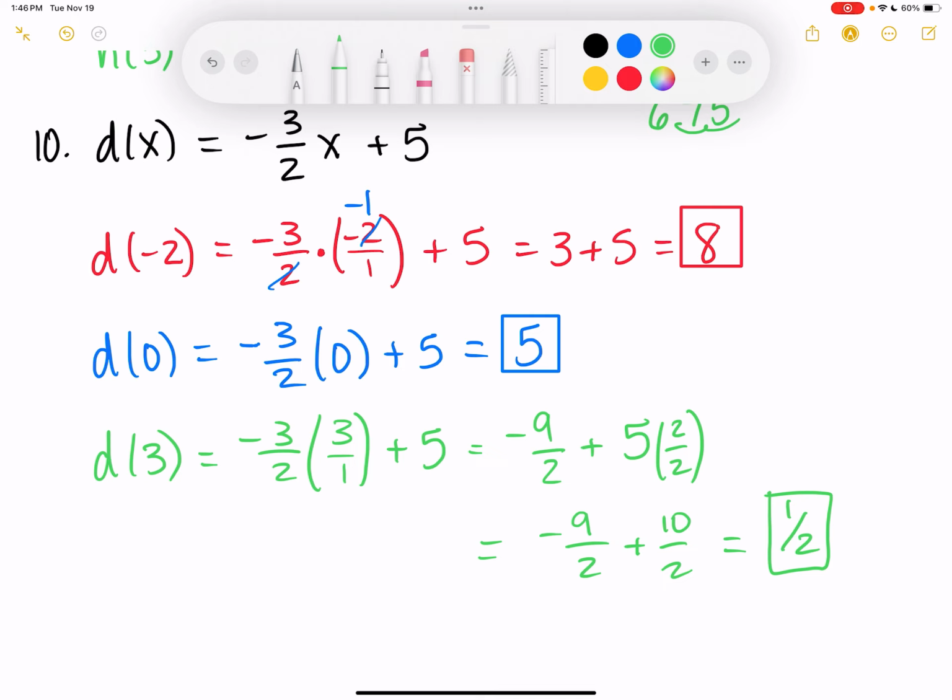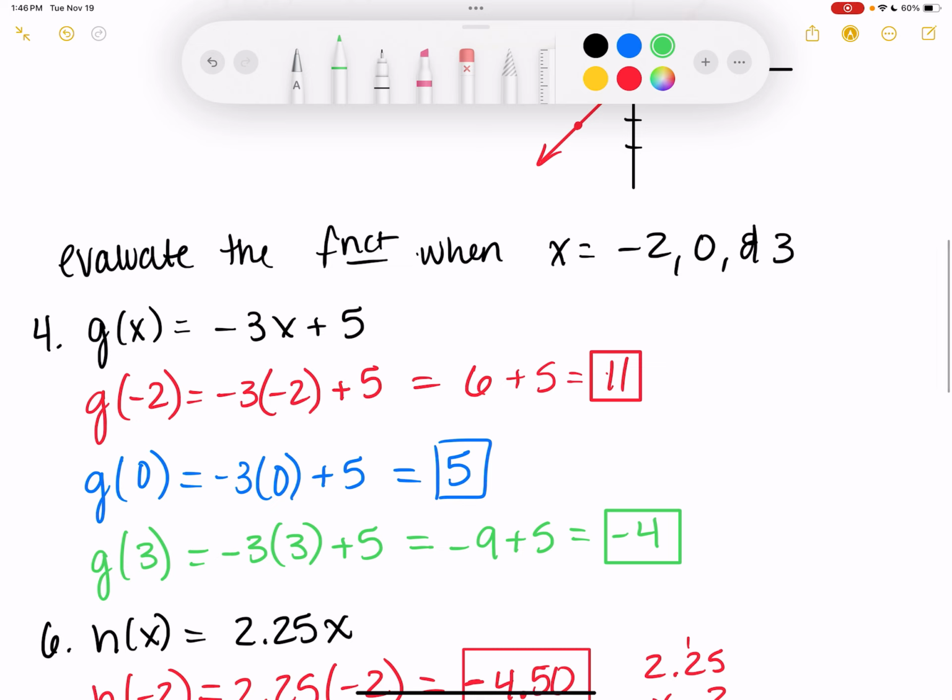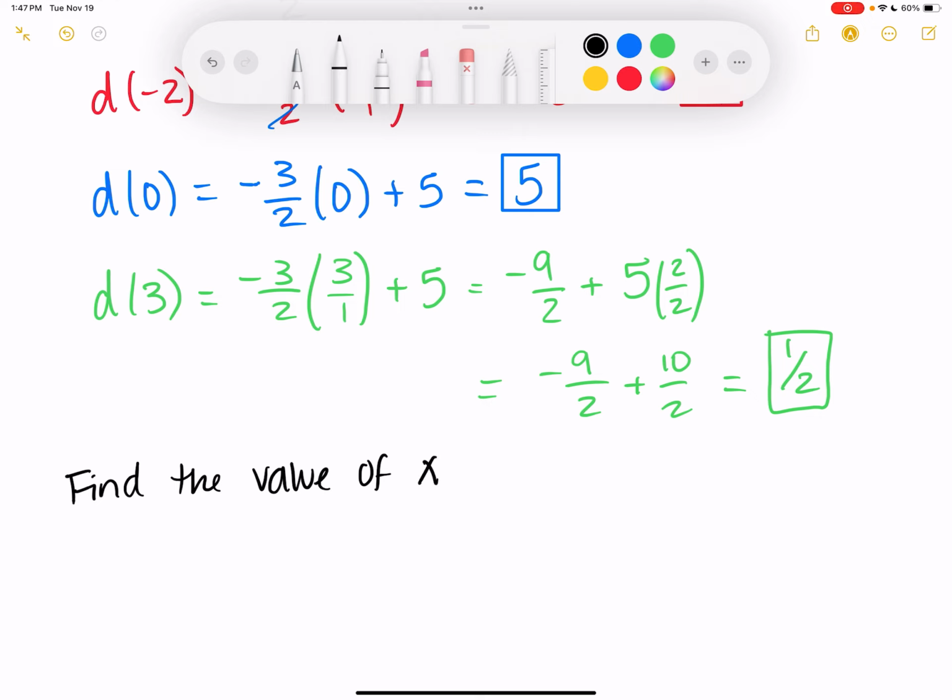So notice the instructions on these ones said evaluate the function when x equals negative 2, 0, and 3. Okay, so we were solving the function when given x values. Now we're going to be doing the opposite. Now what they are going to do is they say to find the value of x so that the function has the given value.